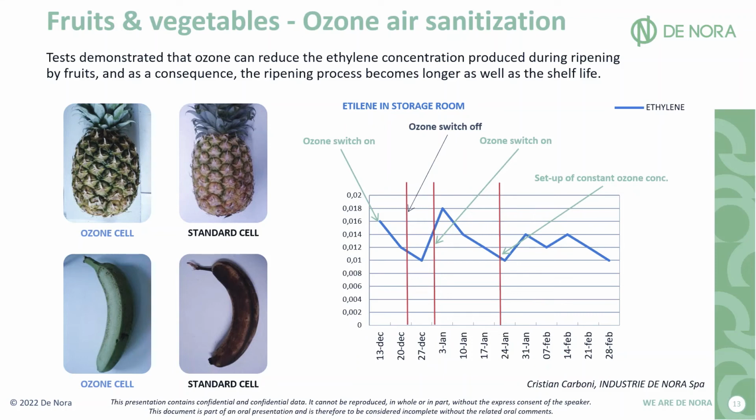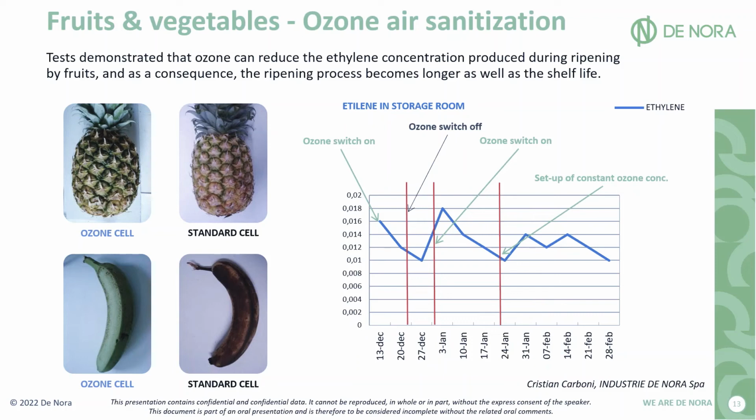If you use ozone to oxidize ethylene in the storage room, the products don't ripen. As you can see on the left side, the products stored in the cell with ozone don't ripen. This means that you can control not only the growth of bacteria and mold on the surface of the fruits, but also the ripening.